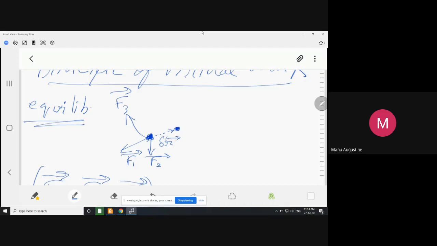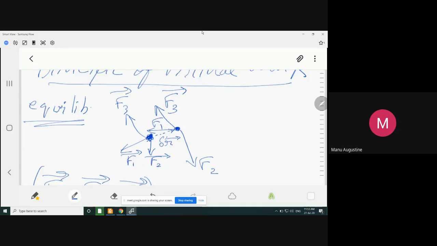What happens to the forces that were acting on the particle? They will also move. So F3 has a new location here, F2 has a new location here, and F1 has a new location here. I hope this concept is clear. What we did is, this point was experiencing three forces.